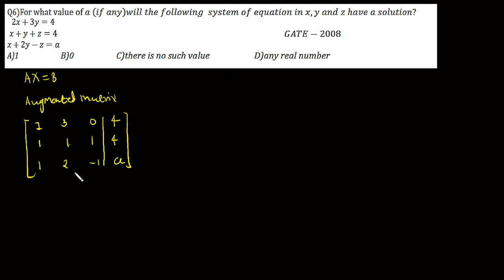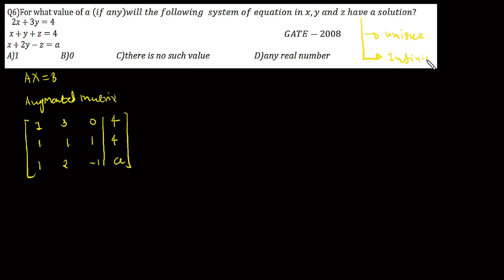Now the system has a solution in two ways. Let's write it here: either the system has a unique solution or an infinite solution.